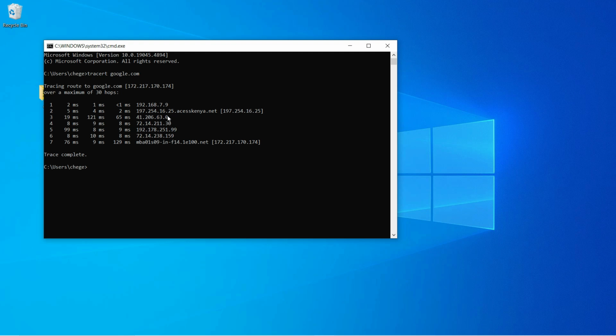Then there is the IP address. You can see this IP address here at the end. Some have the domain, the subdomains. The IP address of each router or device the packet encounters is also displayed. So these are the IP addresses the packet has passed through, which helps identify where the packet is traveling.